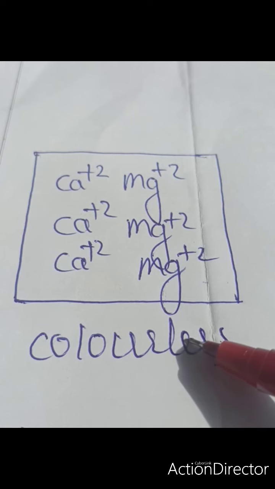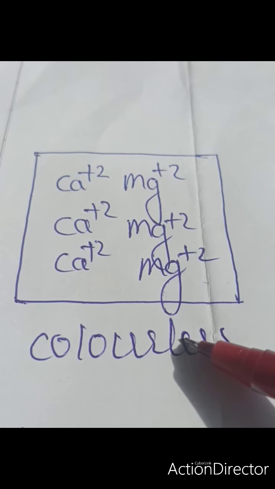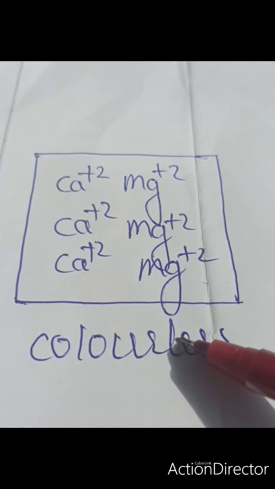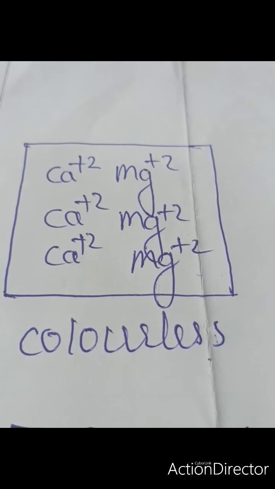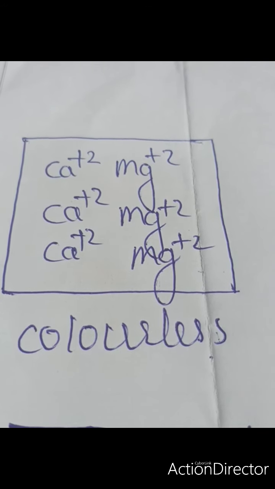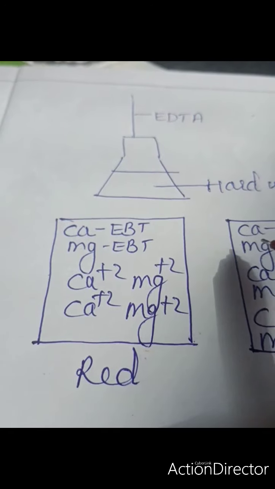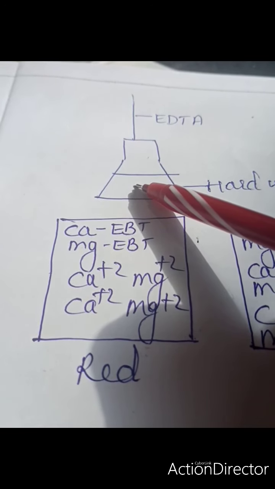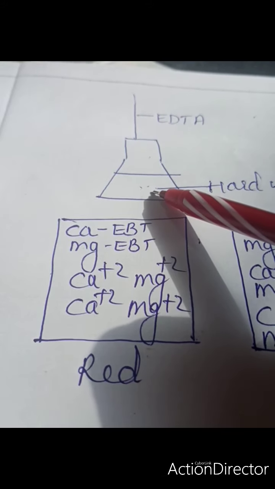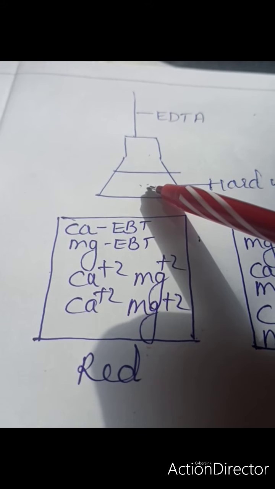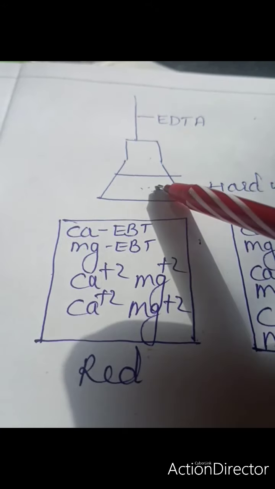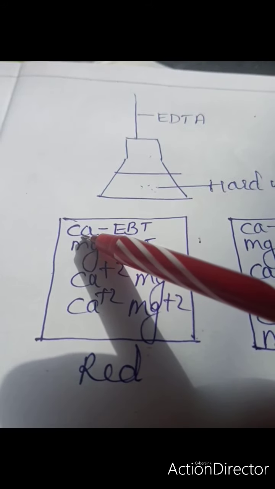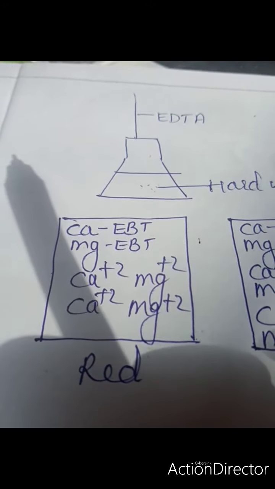The first step is that you take hard water in the conical flask, and after that you add the indicator. When you add 2 to 3 drops of indicator to this hard water sample, it will react with the calcium and magnesium ions present in the flask, and it will form calcium EBT and magnesium EBT complex.